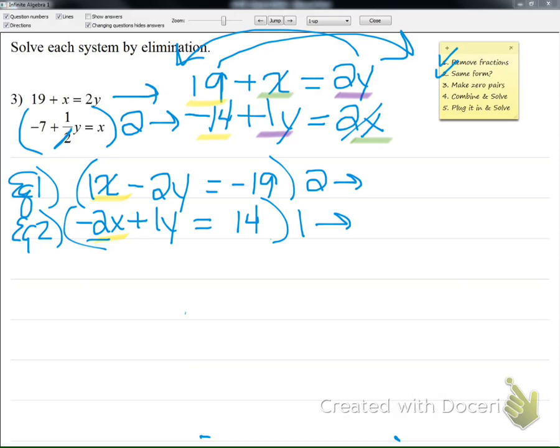All right, now I use my distributive property and multiply. 2 times 1x is 2x. 2 times negative 2y, don't forget that sign there, is negative 4y, is equal to 2 times negative 19. Oh, it's late. Grab a calculator if you'd like to. I'm going to. Because it's a negative times a positive equals a negative, and 2 times 19 is 38.